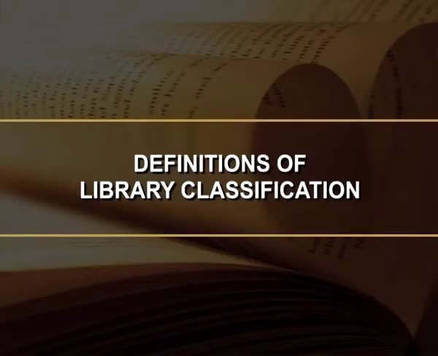Now, definitions of library classification. A classifier can classify not only external things or physically tangible objects, but also ideas or concepts. In knowledge classification, different subject fields are arranged according to their likeness or differences.